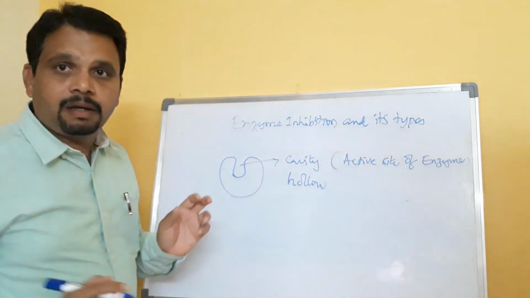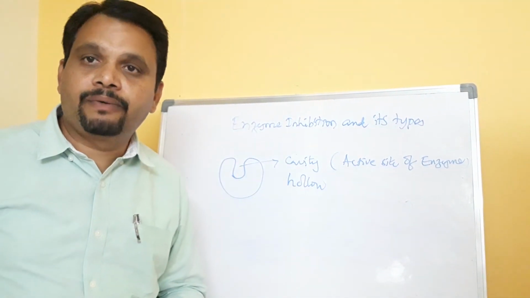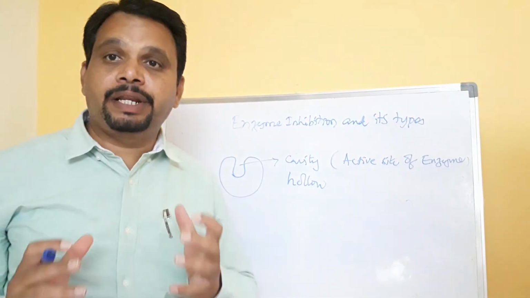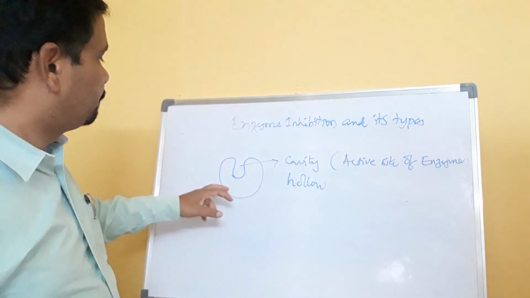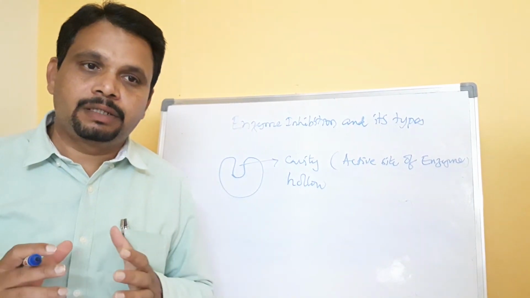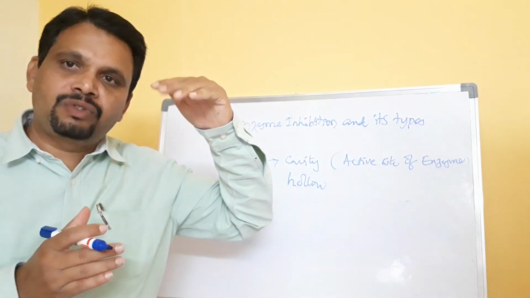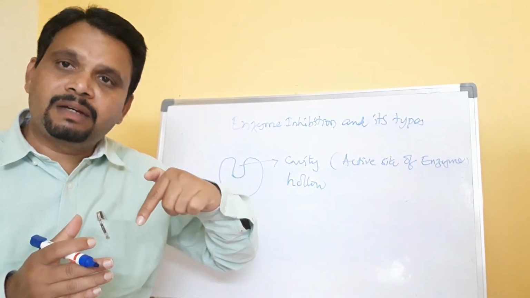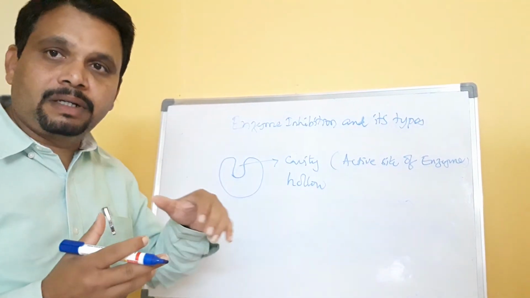All the reactions take place in this active site. Therefore, the active site is very important in an enzyme. So, what is the active site of an enzyme? It is a deep cavity from the surface of the enzyme to the middle of the enzyme, or deeper.